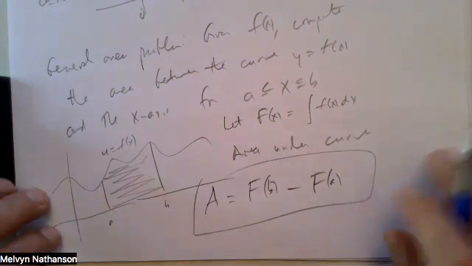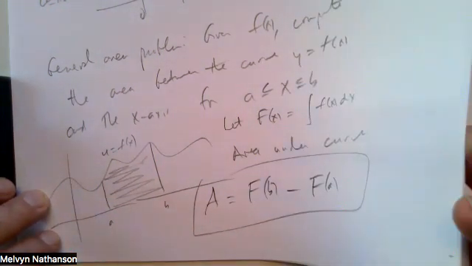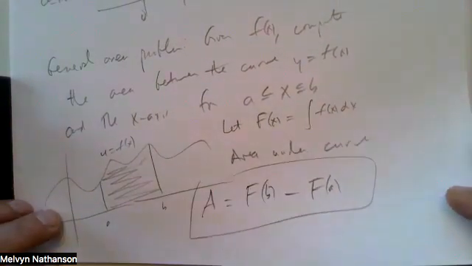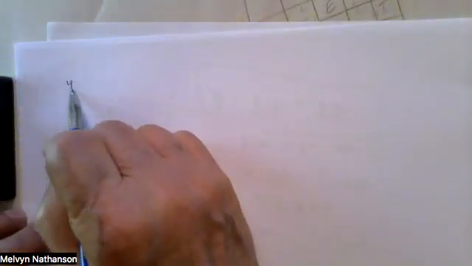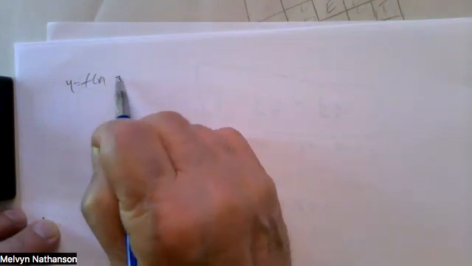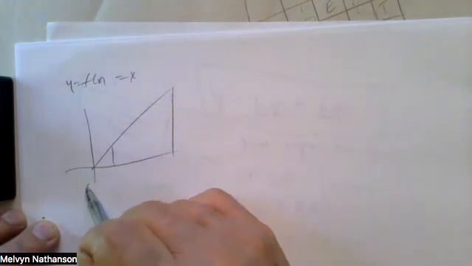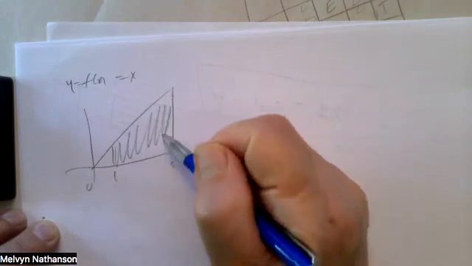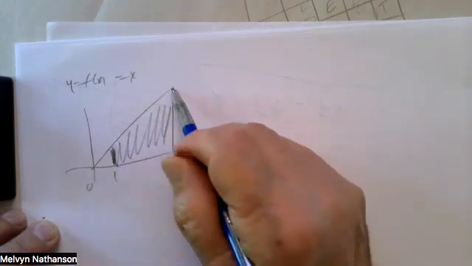And let me just, as an example, show you that this works for the problems we've been looking at. So suppose I took y equals f of x equal to x. I wanted to find the area of this trapezoid.